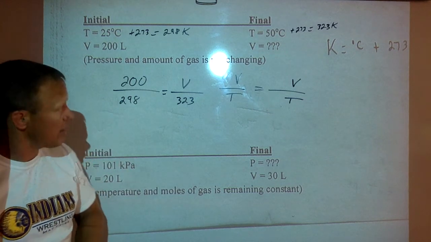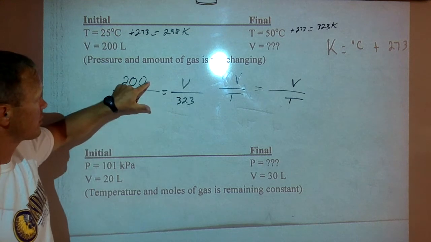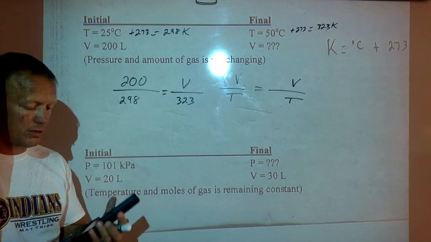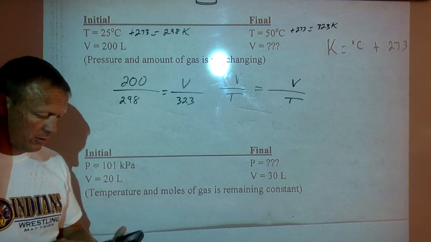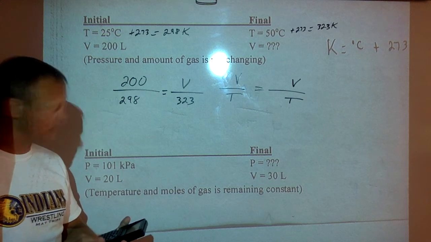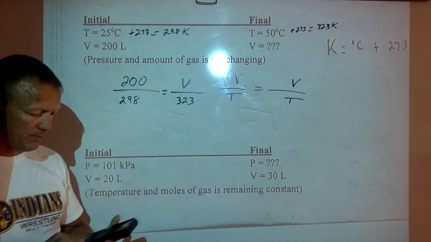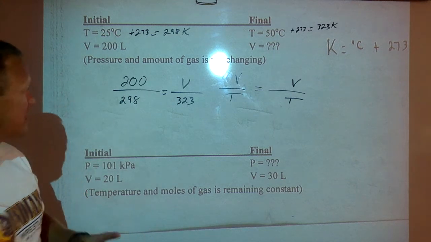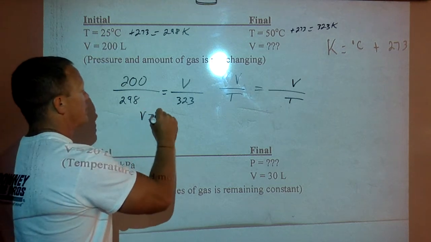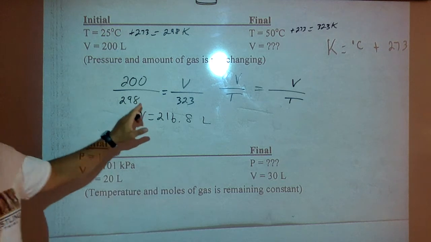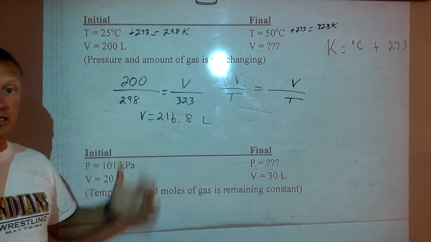I would take 323 times 200 divided by 298, which is 216.8 liters. Notice the gas, as we heated it, now takes up more volume.